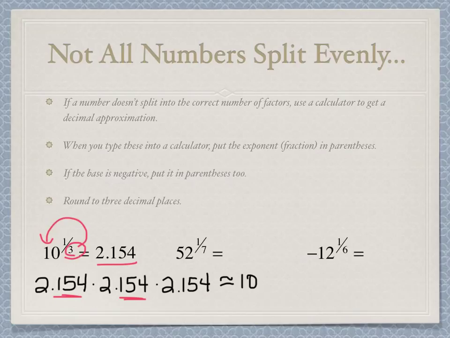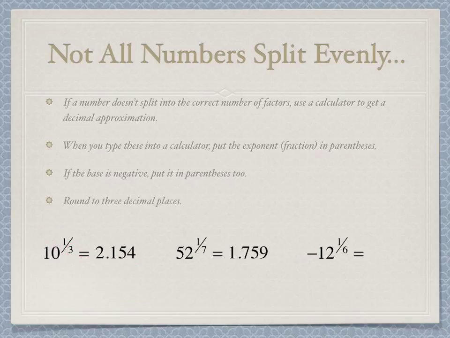So 52 to the 1/7 power, take a second, try that on your calculator, make sure you can get it. You should get about 1.759. Again, make sure your 1/7 is in parentheses. And then for that last one, negative 12 to the power of 1/6. Again, make sure that negative 12 is in parentheses and the 1/6 is in parentheses.